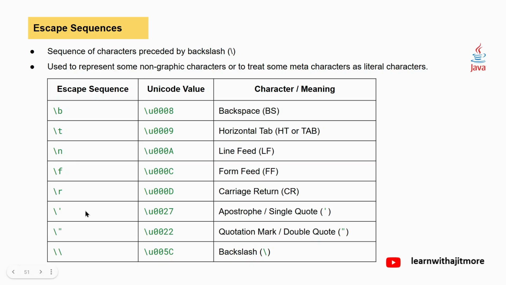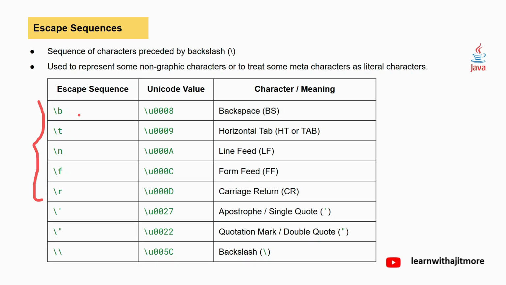Now in this table, you can see some are for the first application, till here. These are all in the first category, non-graphic characters. Non-graphic characters meaning you won't be able to see any character on the screen, but some effect is there.